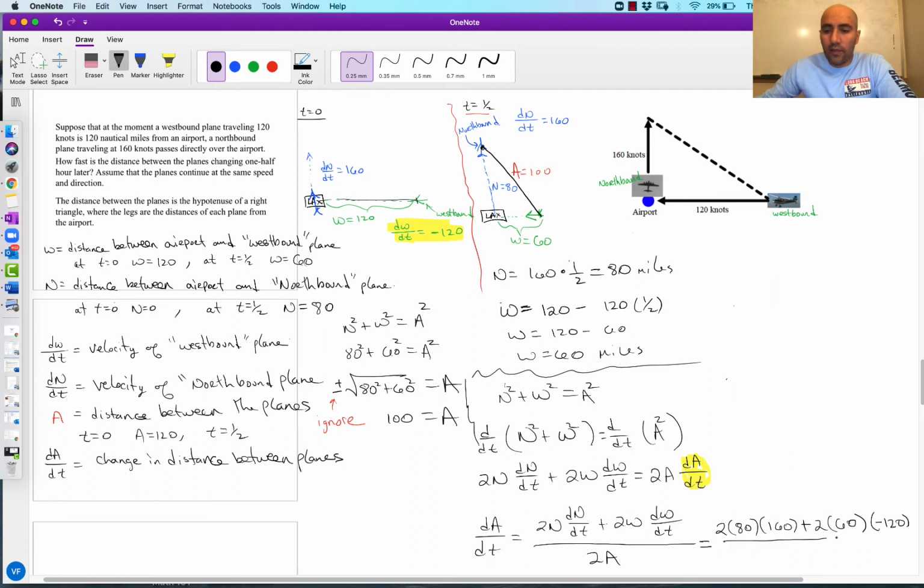And all of that gets divided by 2 times A, which is equal to 100. Okay, we punch that into our calculator. That means that dA/dt is going to be equal to 56.